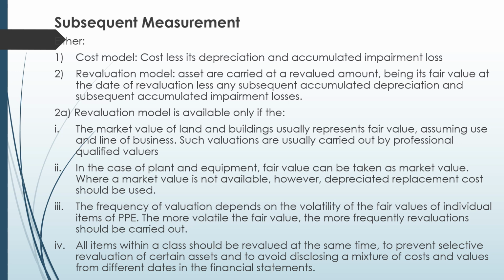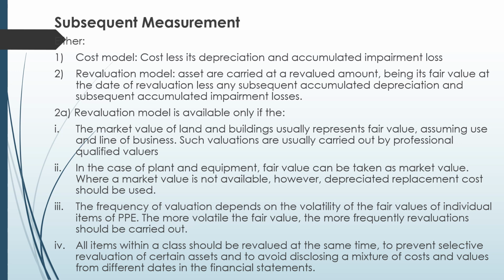We've dealt with the initial measurement. Now we will look at the subsequent measurement. With subsequent measurement, we have an option to either adopt the cost model or the revaluation model.